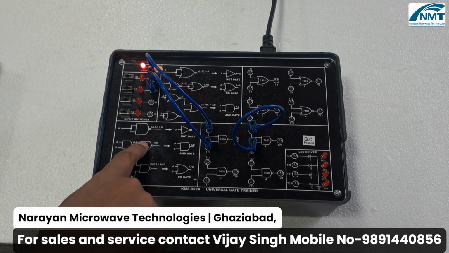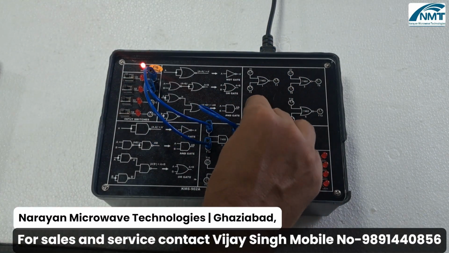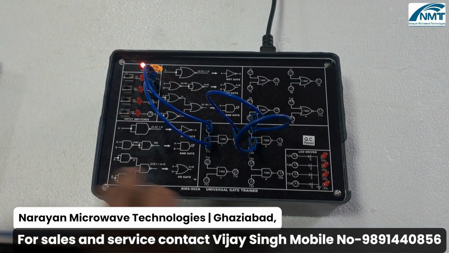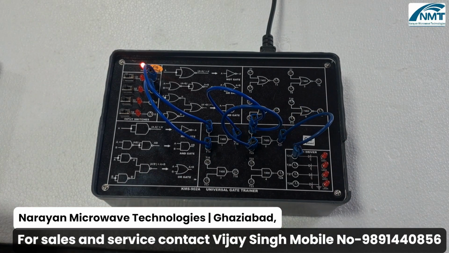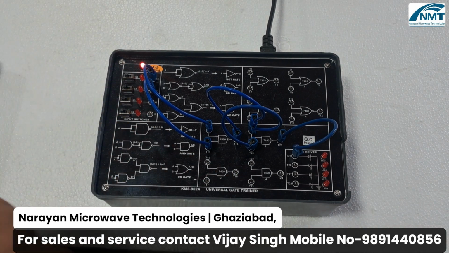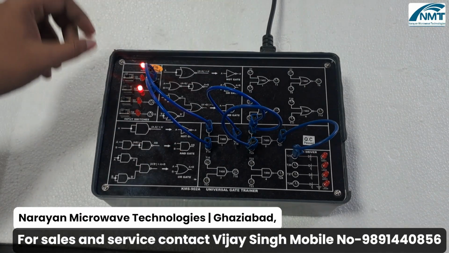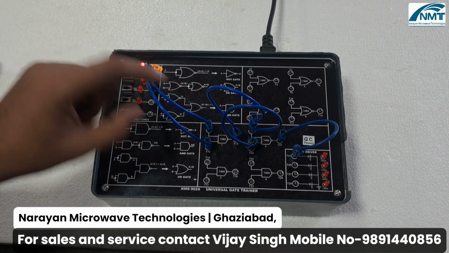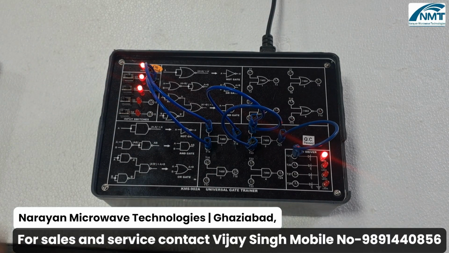You have to short it like this, and the output of the first NAND gate will be given to the input of the second NAND gate, and the output of the second NAND gate you can give to the LED drive. You can check the result with the truth table. If it is 0 0, output is 0. If it is 0 1, output is 0. If inputs are 1 0, output is 0. If inputs are 1 1, your output would be 1. So this is for the AND gate.